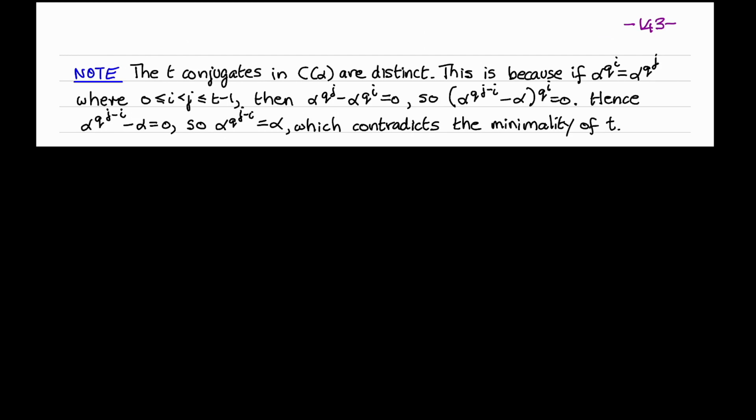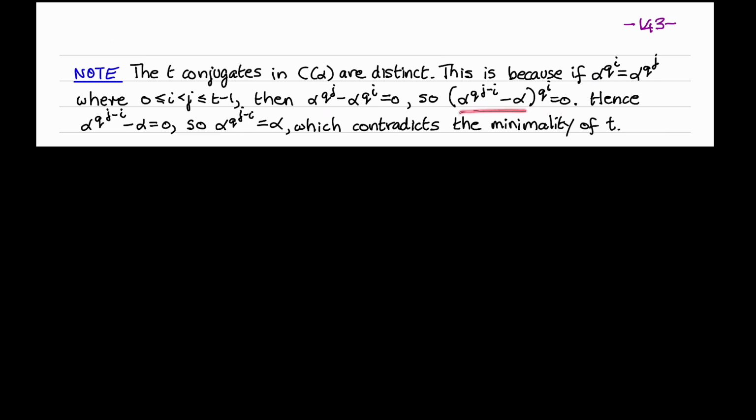Observe that the t elements in the set of conjugates of alpha are distinct. This is because if two conjugates were equal to each other, where let's say i is less than j, then we have this expression, and by the Freshman's Dream, we can factor out a power q to the i to get this expression. Note that q is a power of the characteristic of the field GF(q^m).